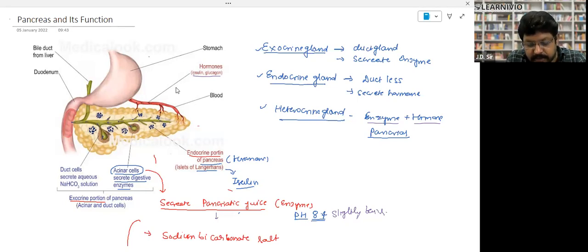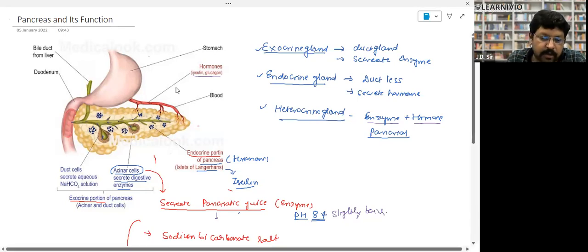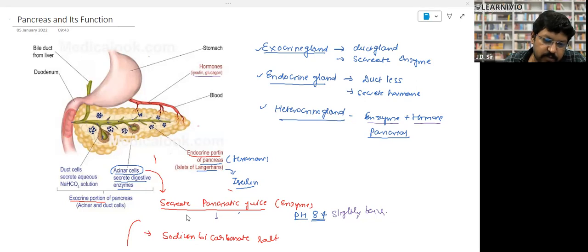After every 120 days, on completion of its life cycle, RBC is going to die. Spleen is called the graveyard of RBC. So RBC breaks down at spleen, but spleen does not break hemoglobin. Hemoglobin breakdown takes place in liver.